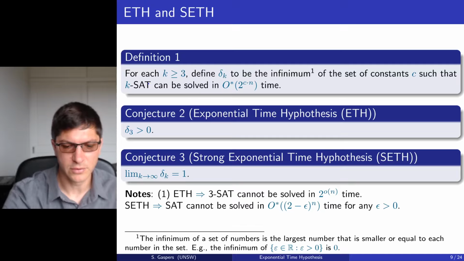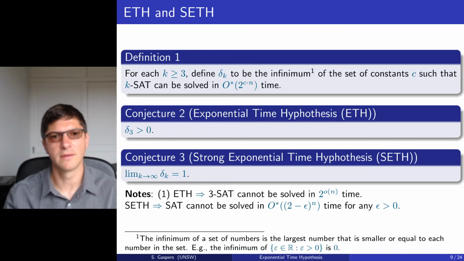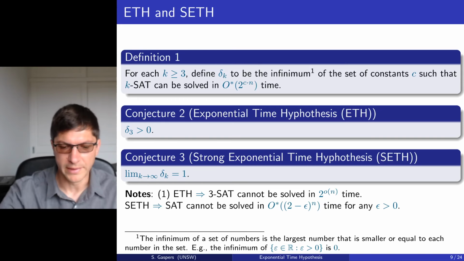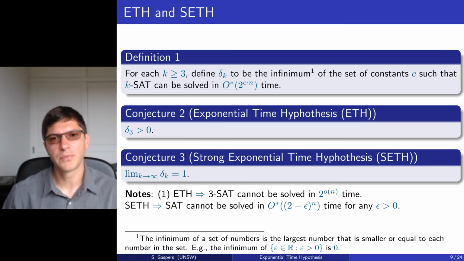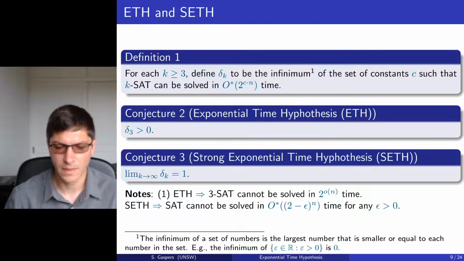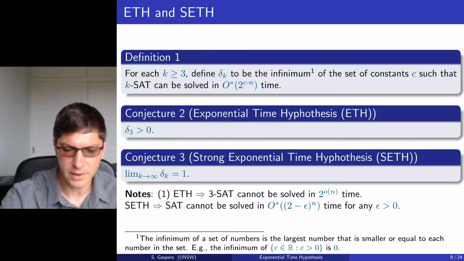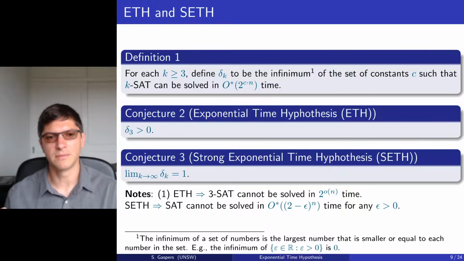The first thing to do is to define this variable delta k for every k at least 3. So delta k is the infimum of the set of constants c such that k-SAT can be solved in time O star of 2 to the power c times n. And why do we take the infimum here instead of the minimum?